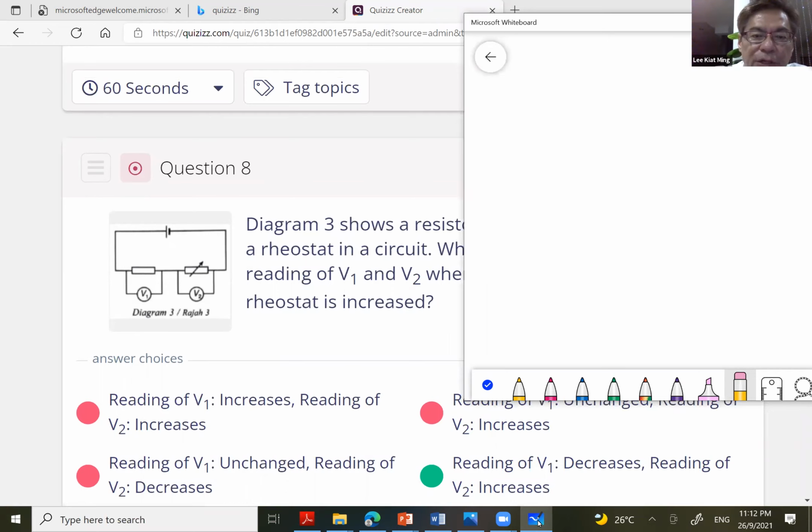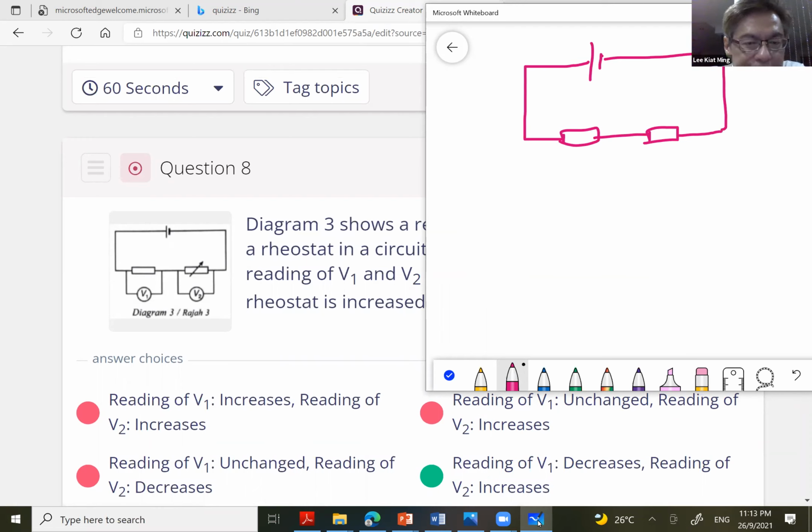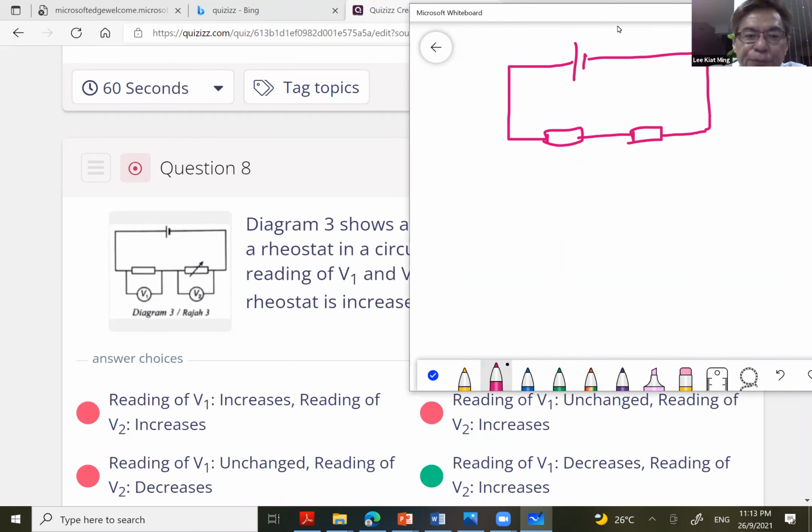So allow me to draw our own circuit. Let's say I'm going to put the resistance here. We are asked to increase the resistance of the rheostat. So what I do is I'm going to put 2 ohm here and a 2 ohm here.